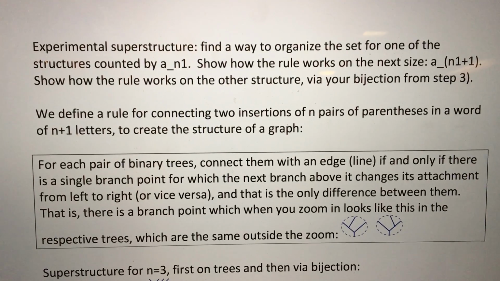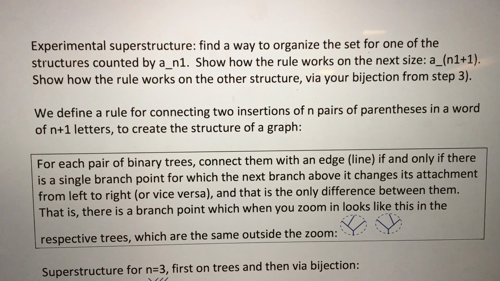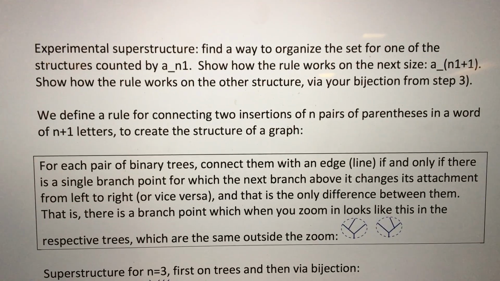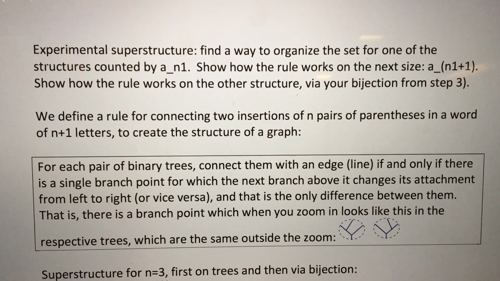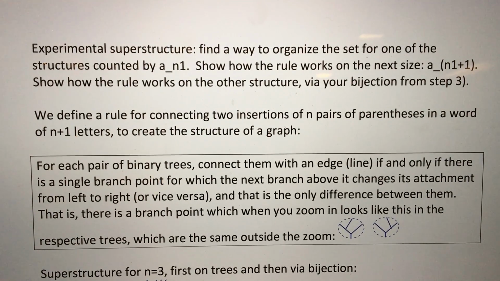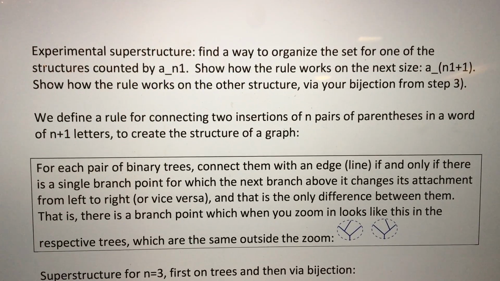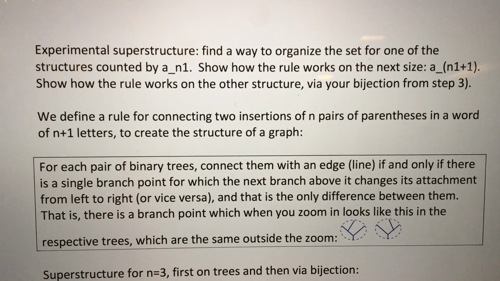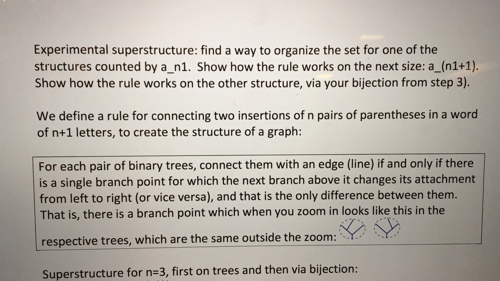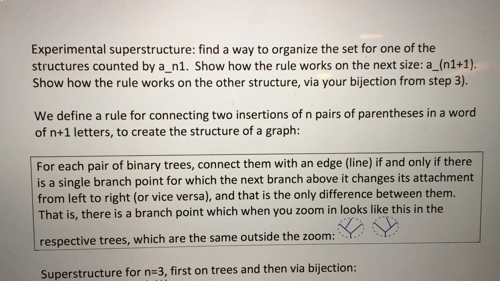I decided to go with something a little bit fancier in here, which might turn out to be easier for some of your projects. And that is, instead of an ordering from smallest to largest in a row, it's a superstructure that involves networking your smaller structures. So I define a rule for connecting two insertions of n pairs of parentheses in a word of n plus 1 letters.